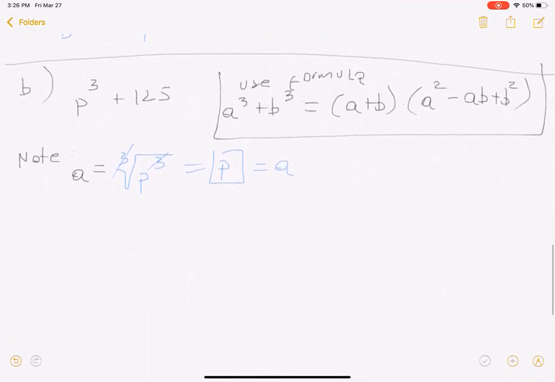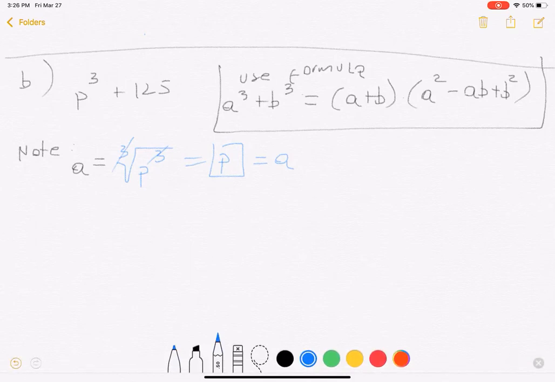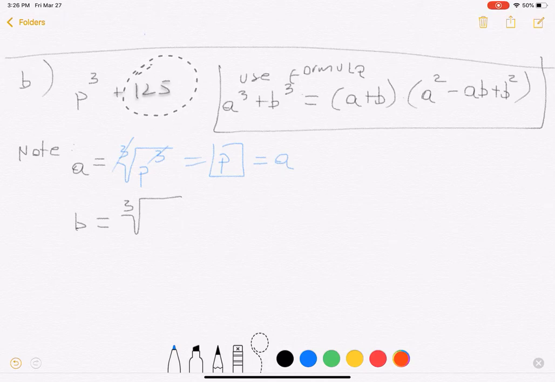Okay, let's continue. b is equal to the cube root of 125, which will give us 5. 5 to the third power is the same as 125.